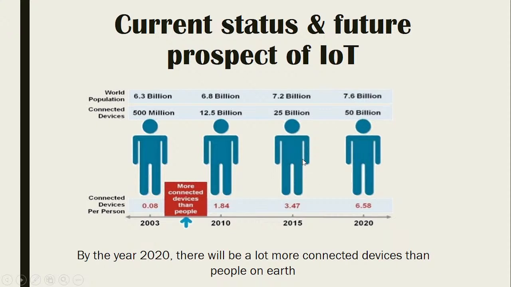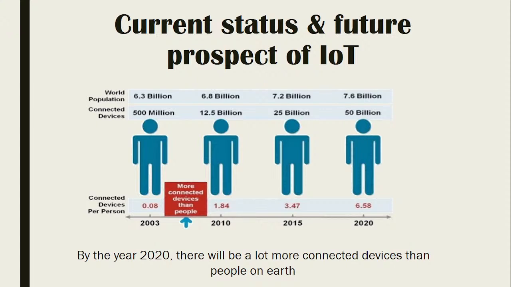So this is one of the reasons why Internet of Things technology emerged, because the devices became smarter, so that we were able to automate these devices, and they were able to change their behavior based on the environment.